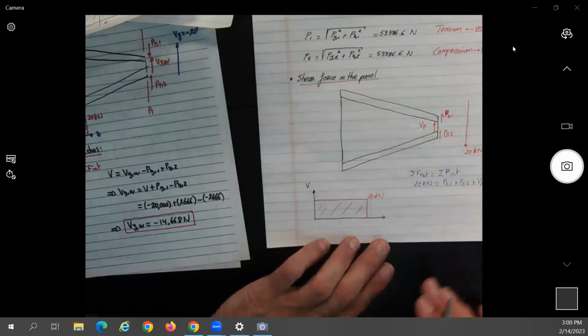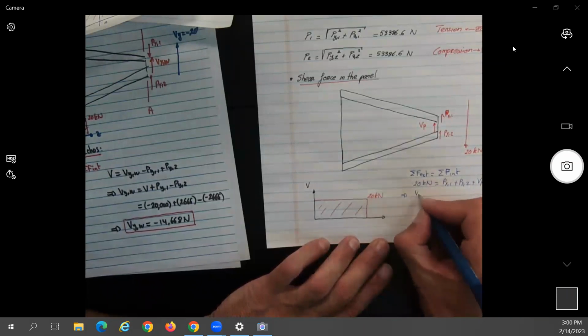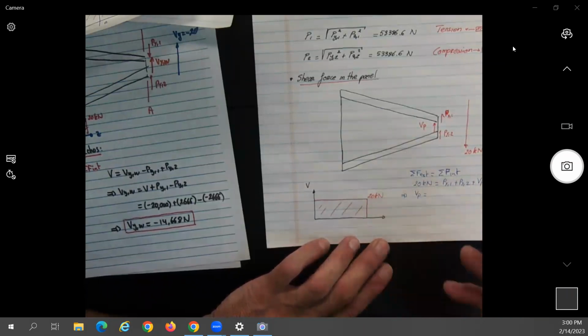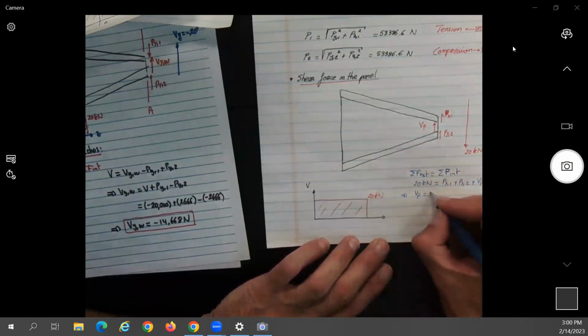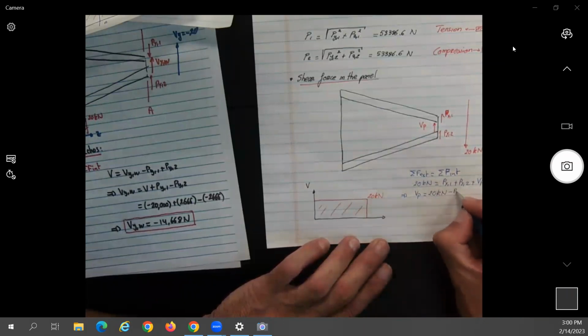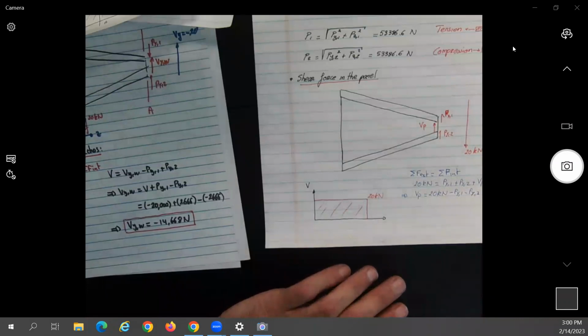Okay, so now we can say, and this is where sometimes people make a mistake. So V on the panel will be equal to what? Whatever is not being resisted basically by the vertical components of the shear force in the flanges. Yes?